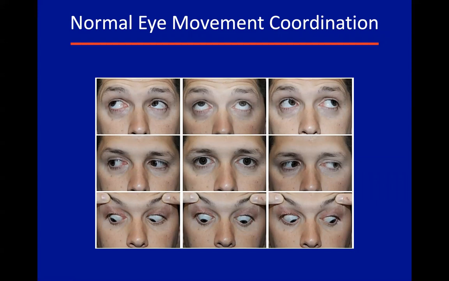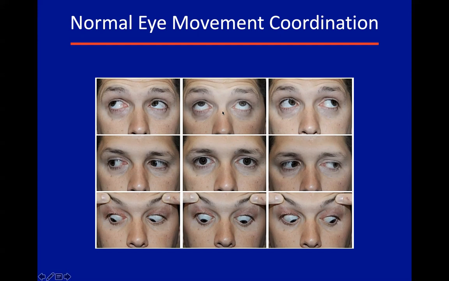So we're talking about 2 different things. These are the muscles, as we mentioned, 6, and these 6 muscles actually result in 9 cardinal eye movements, as you see nicely here. This is your normal.